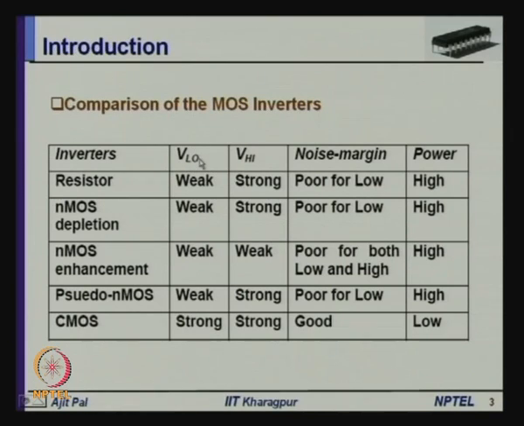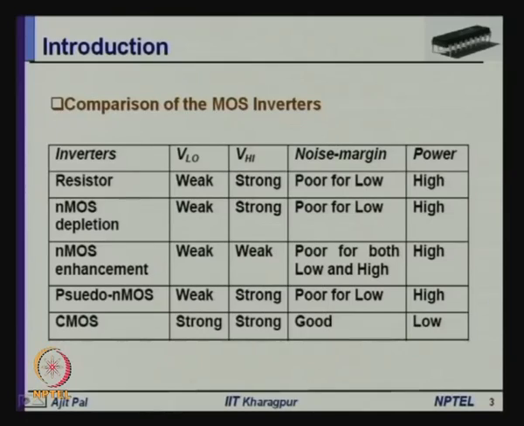VLO is essentially the low level output voltage of the inverter. That means, when the output is supposed to be 0 volt, low level, then whatever voltage it provides is represented as VLO. And we can see that for all the inverters except CMOS, the V low is weak.